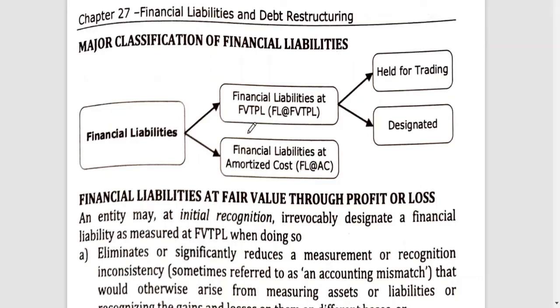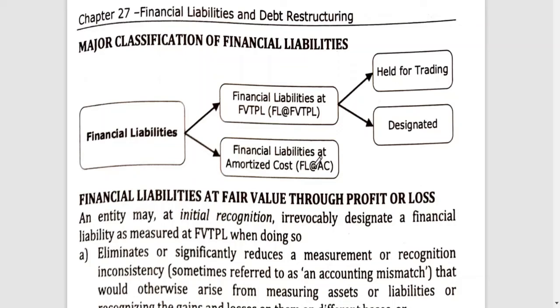So if you can recall, in the topic on financial assets, the financial assets are classified into three. We have financial assets at fair value through profit or loss, just like the financial liabilities, and it also has the financial assets at amortized costs.